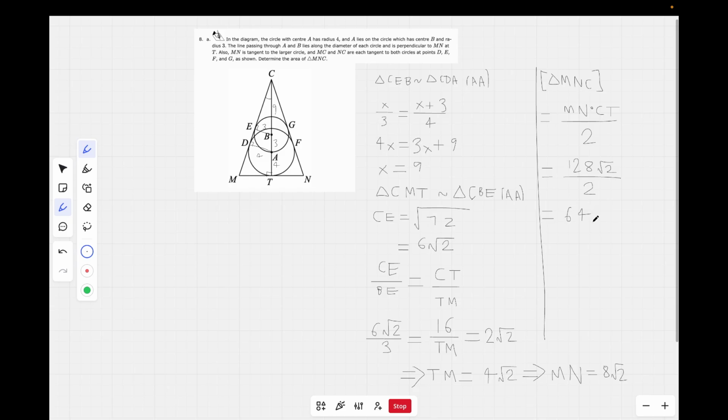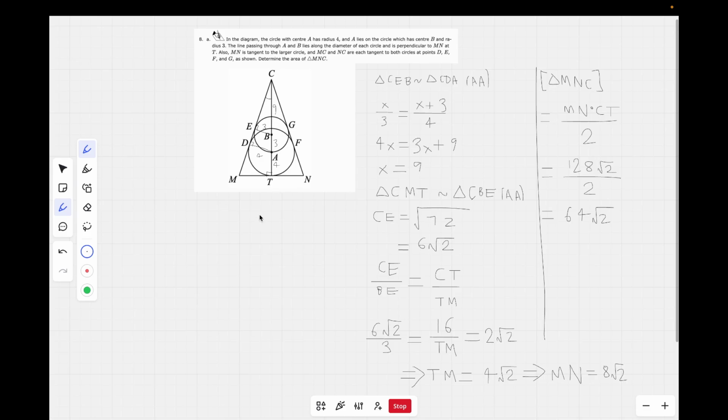So as a quick recap then, we first use similar triangles based on the parallel tangency lines to find CB so that we can find the height and so that we can also find CE, which we then use in another pair of similar triangles, CEB and CTM, to find MT. And since we have MT, we can find MN because MN is just double MT. So we have the base MN and we have the height CT because we have CB, BA, AT.